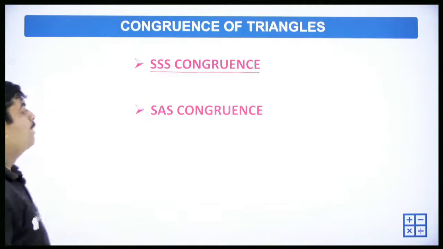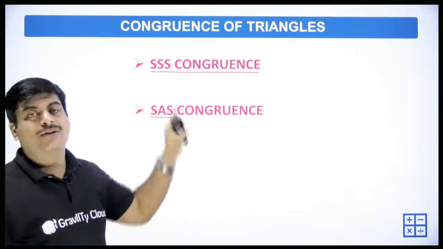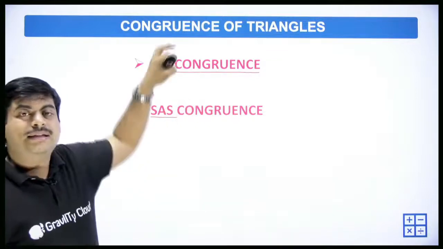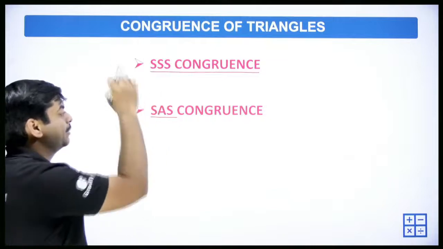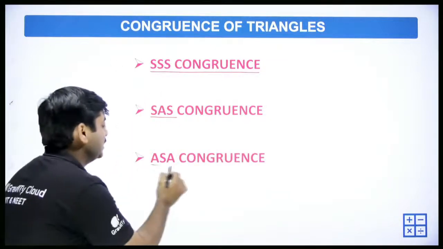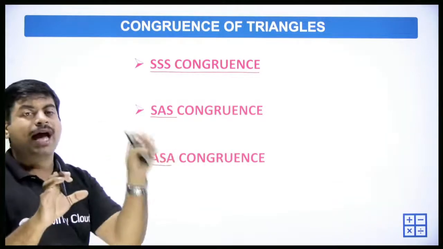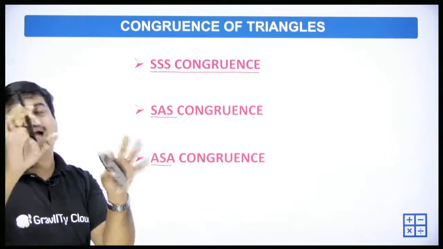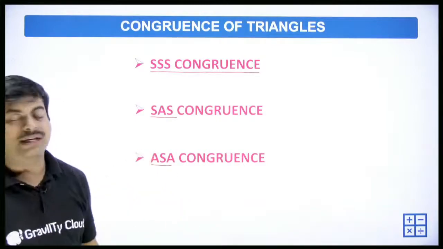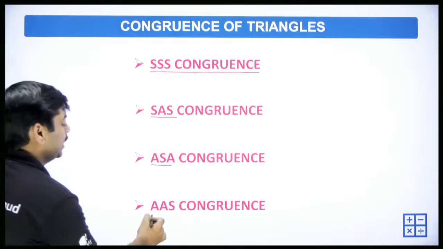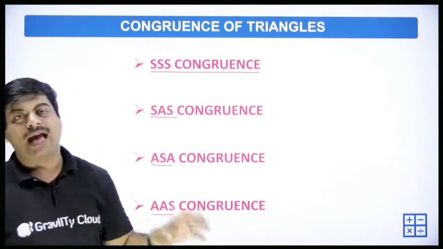In the same way, we have SAS congruence, side angle side. The next one is ASA, angle side angle. If angle side angle are equal for two triangles, we can say those two triangles are congruent. And in the same way, we have AAS congruence, angle angle side.